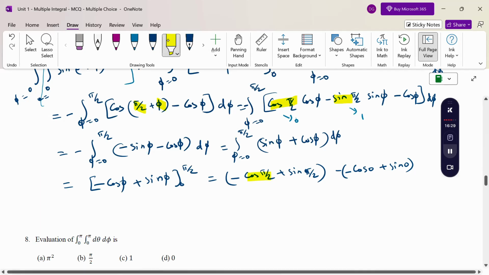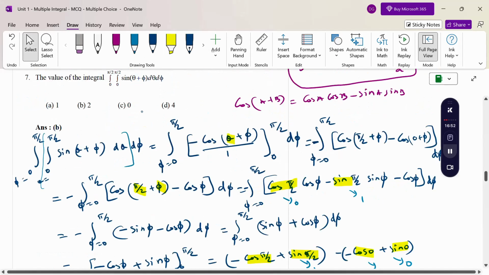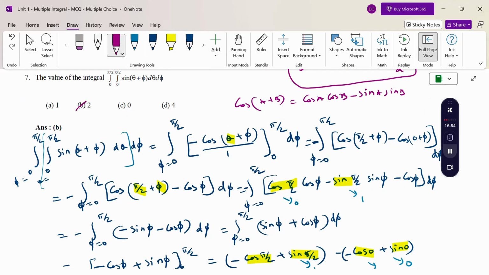Here cos pi by 2 is 0, sin 0 is 0, sin pi by 2 is 1, cos 0 is 1. Therefore this term is 0 plus 1, minus minus plus 1 minus 0, so 2 is our answer. So 2, option B is the answer.